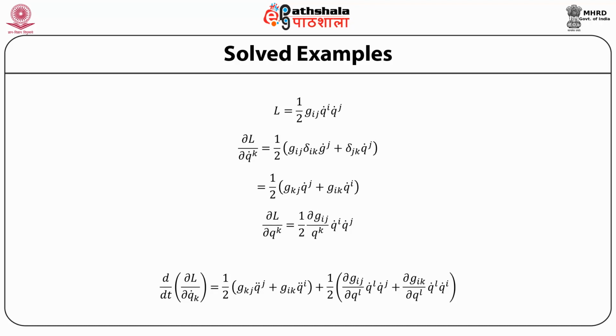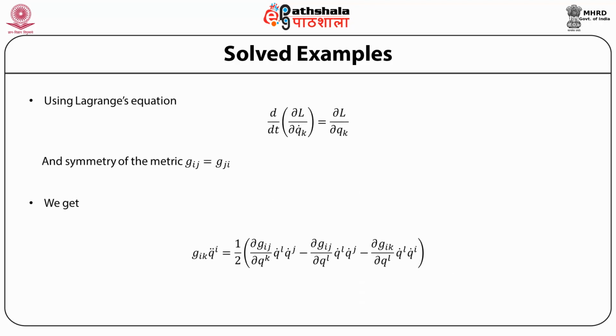So we can then easily obtain the partial derivative of L with respect to the kth generalized velocity, and then the equation of motion d/dt of dL by dq dot is given by half times g_kj q^j double dot plus g_ik q^i double dot plus half dg_ij by dq^l q^l dot q^j dot, and likewise dg_ik by dq^l q^i dot q^l dot.